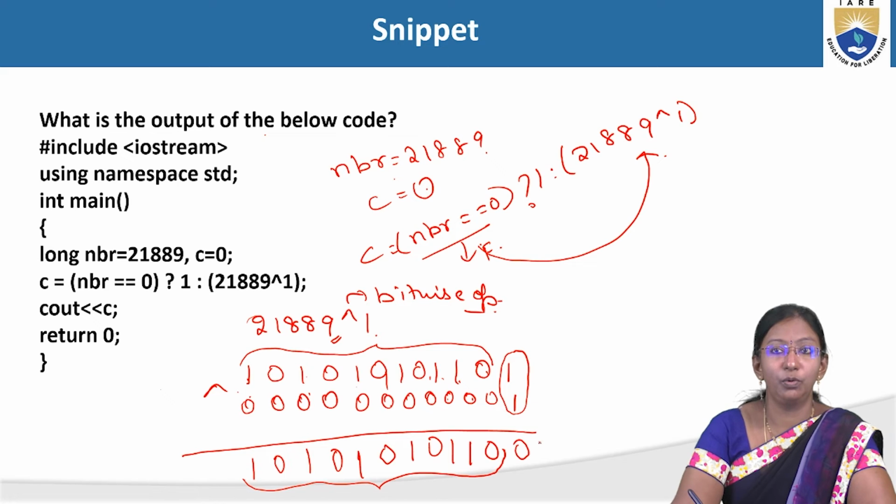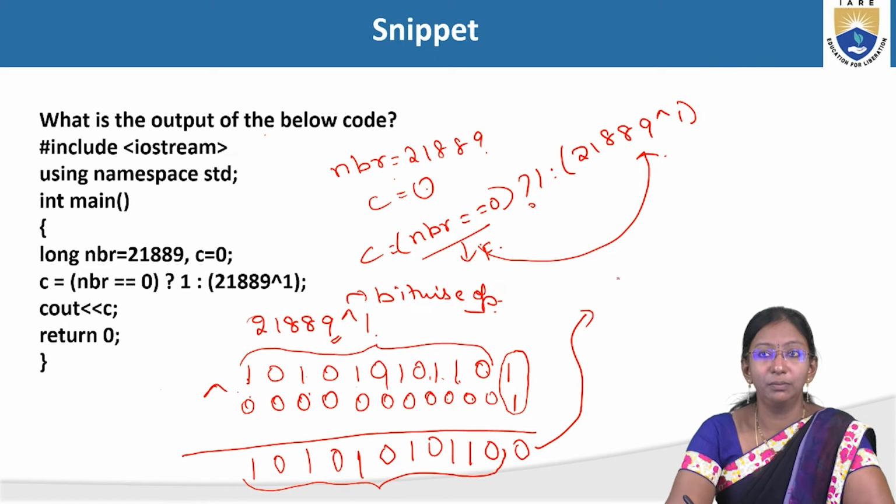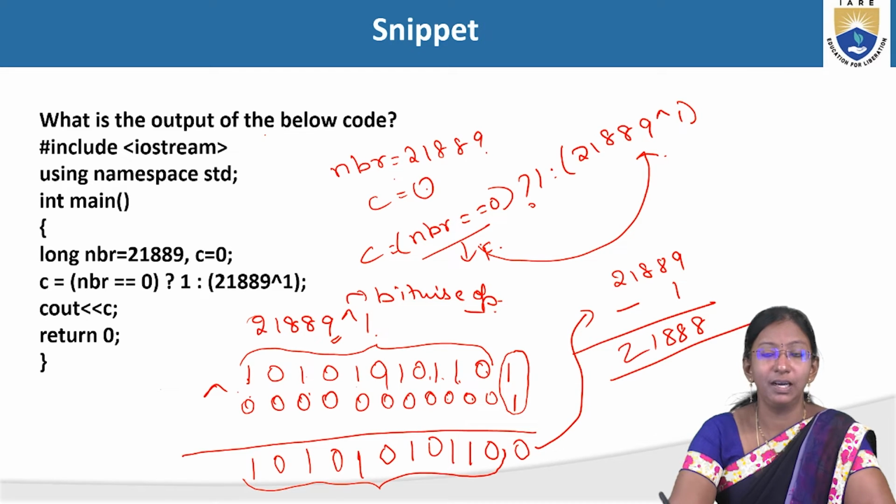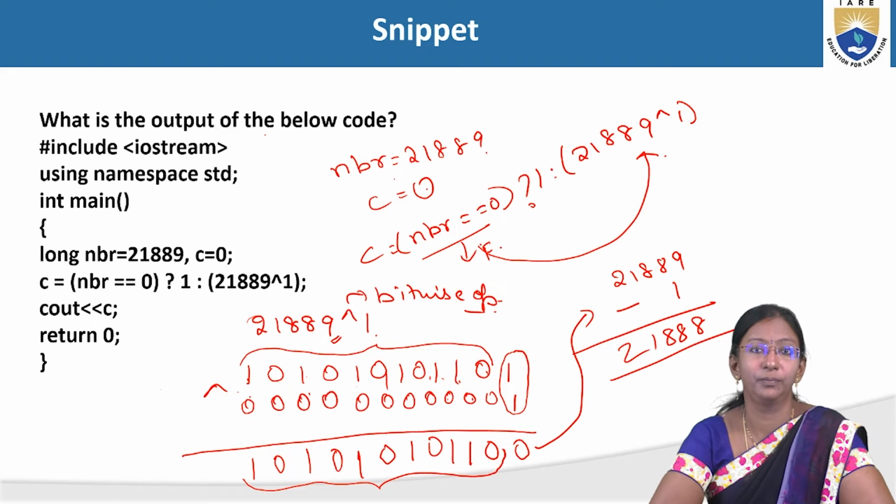So what can be the value of this one? Simply 21889 minus 1. If you decrease it by 1, 21888 is the answer. Very simple.